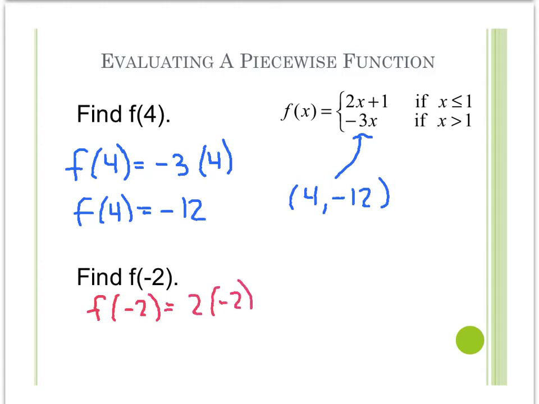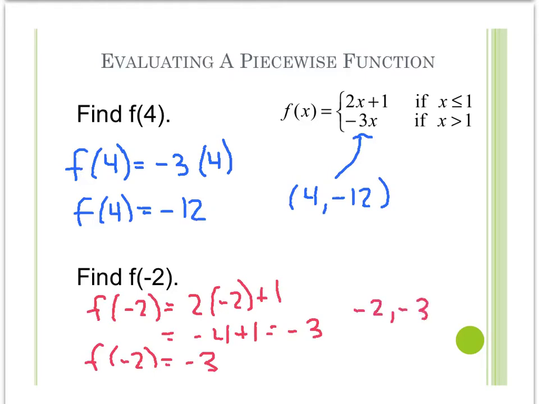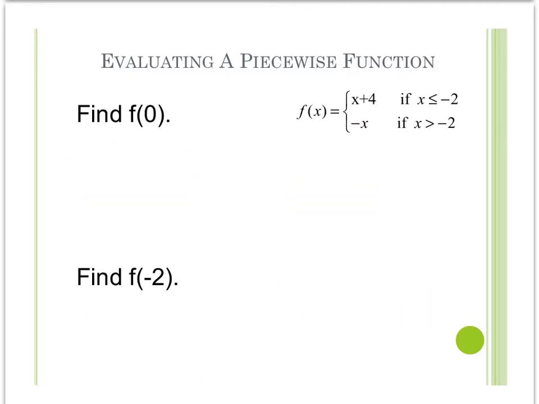Plugging in negative 2 there and evaluating that, I get negative 3. So f of negative 2 is negative 3, and that means that the coordinate point negative 2, negative 3 will exist on my graph, on this part that looks like 2x plus 1. So let's give these a try.